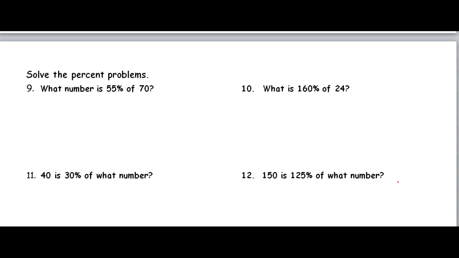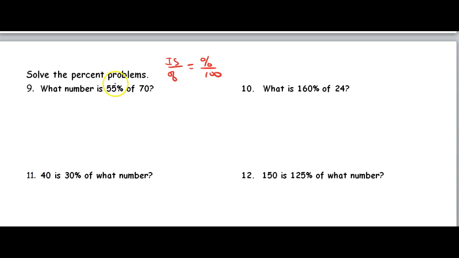Now, next, how do we complete these percent problems? A lot of us have heard is over of equals percent over 100. So this is a proportion we use to help us answer these percent problems. So let's look at some of these problems.